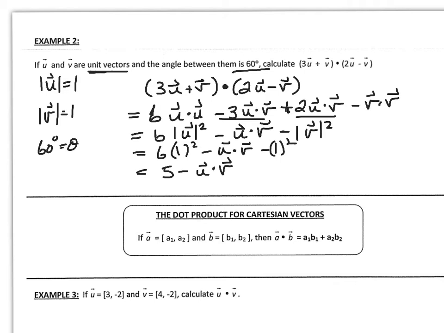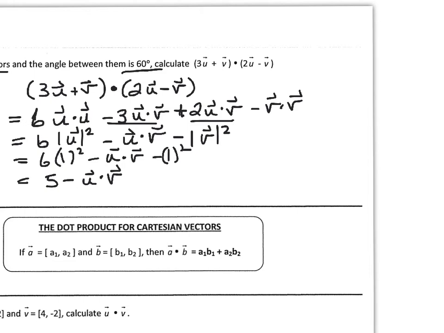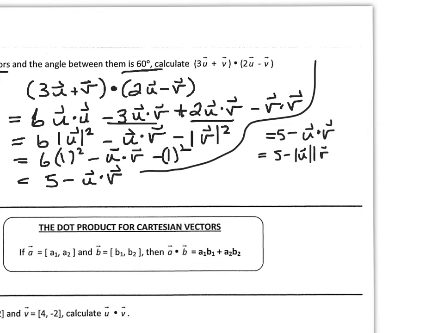Okay, I'm just going to move over the page, so just hold on a sec. Okay, so we'll just move this up here, just make some room here, and we ended up with 5 minus u dotted with v, and now we can do our 5 minus the magnitude of u, magnitude of v, and cos of 60.